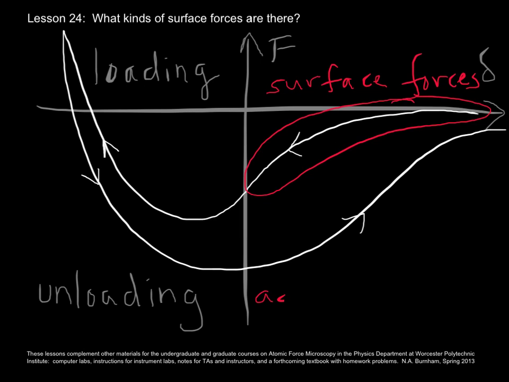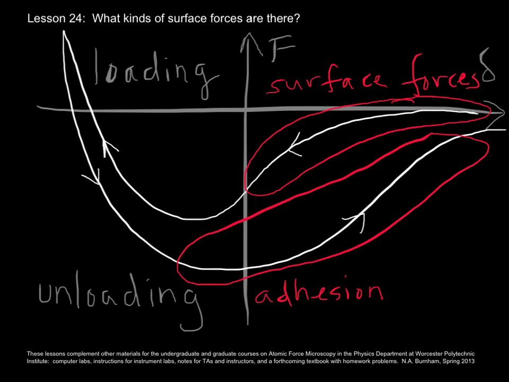When I'm talking about adhesion, I am referring to the unloading curve, and so I am referring to what's going on down here. And adhesion, you've been in contact. It's possible that some of the atoms on the tip have chemically bound themselves to some of the atoms on the sample.